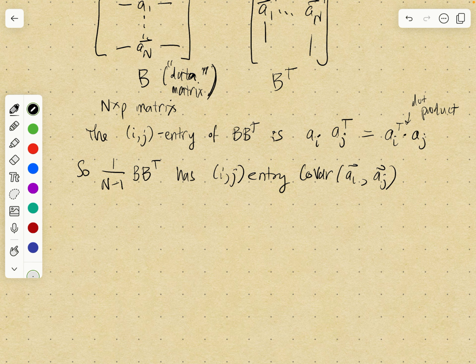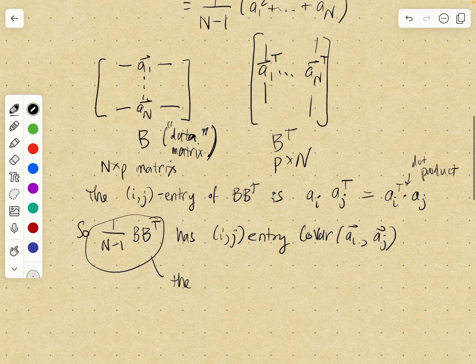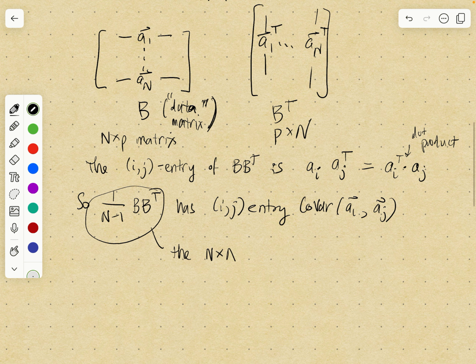So this matrix, well, it's an n by n matrix, right? B is an n by p matrix, so B transpose is p by n. And so the product is n by n. So this is the n by n covariance matrix of B.